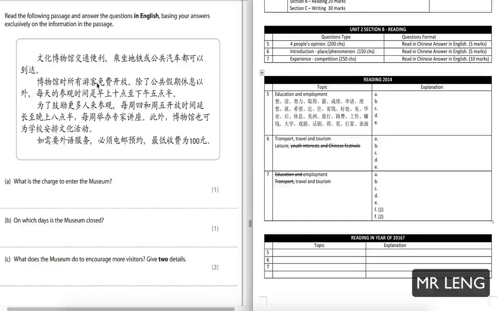Alright, we're talking about prices all the time, so this is all the tourists, 免费 free of charge, 开放. 除了公共假期休息以外 except the public holiday, the rest 每天的 every day's 参观时间是 visiting time is 早上10点至下午5点半, 10 a.m. till 5:30 p.m. Remember, this shows a great pattern of the past two papers in recent years.